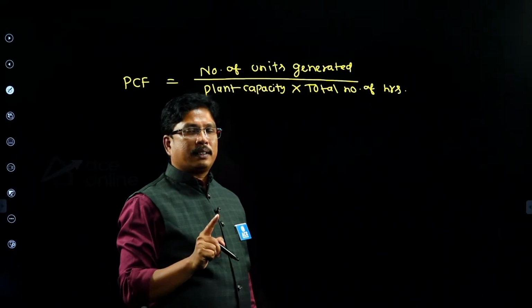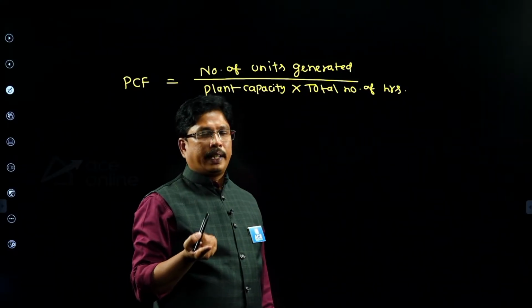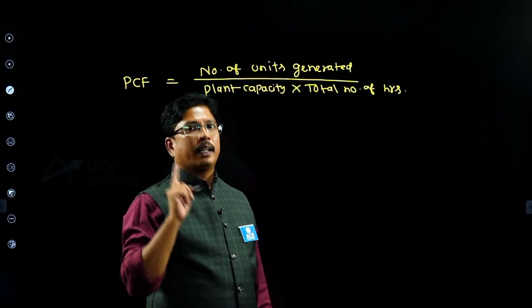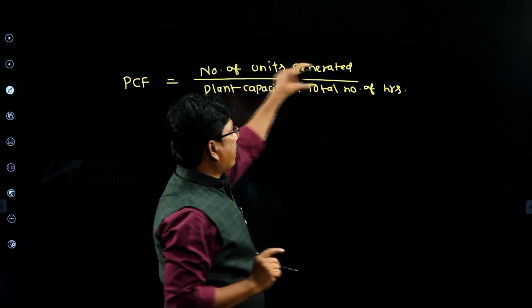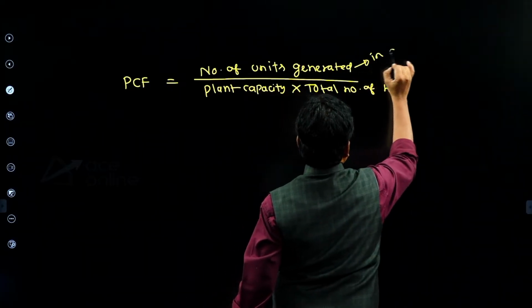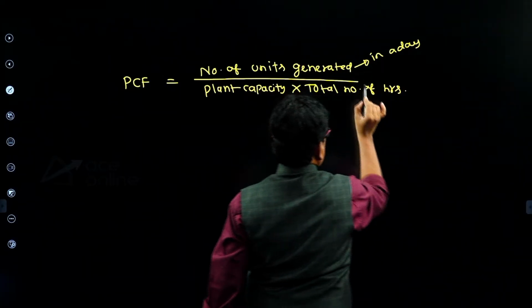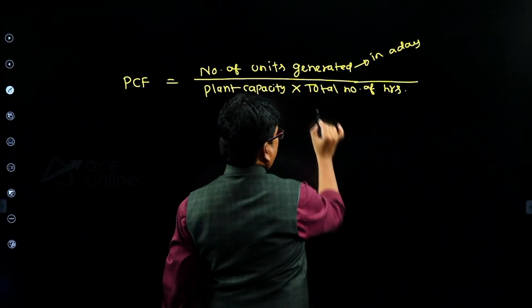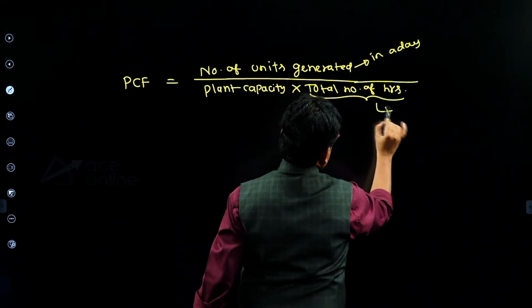Irrespective of the plant is operating or not. Suppose I am taking in a day. In a day, how many hours will be there? Total number of hours will become 24 per day.